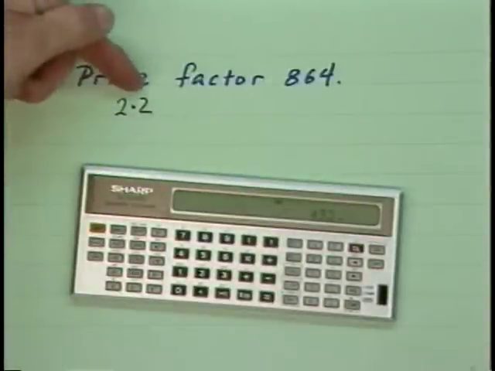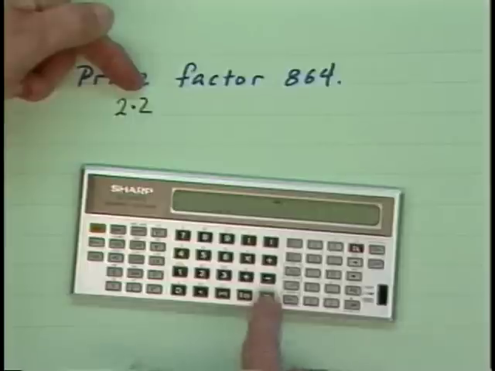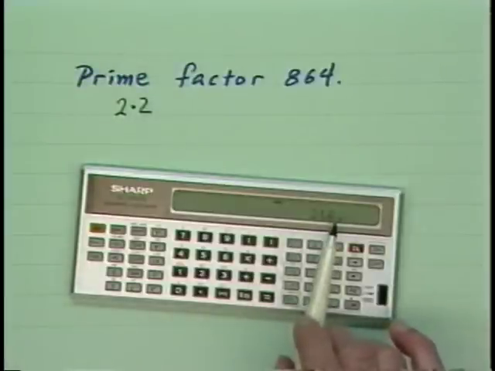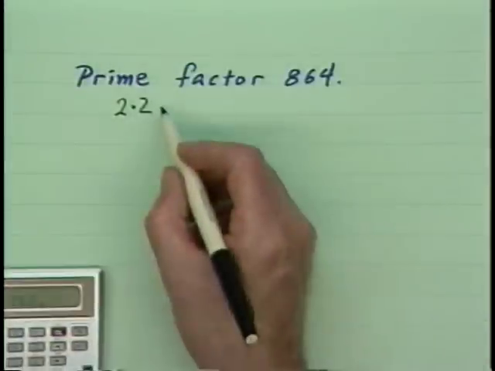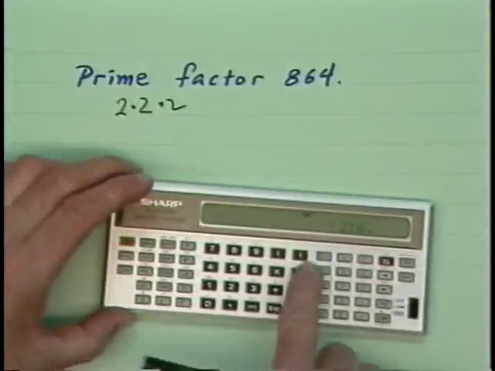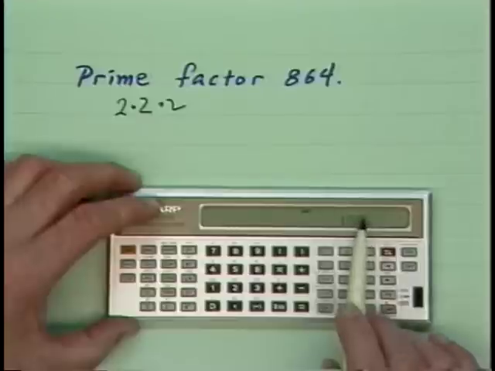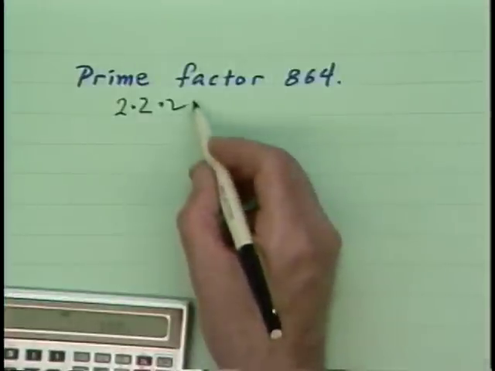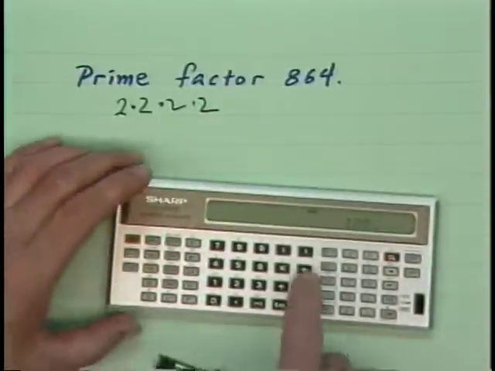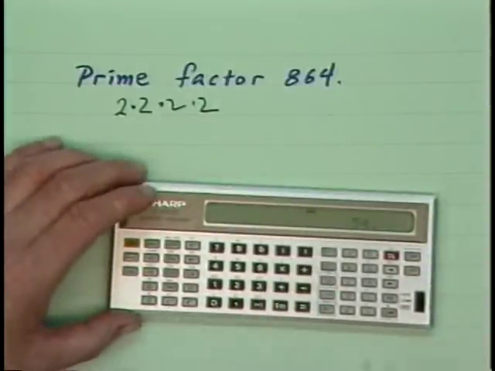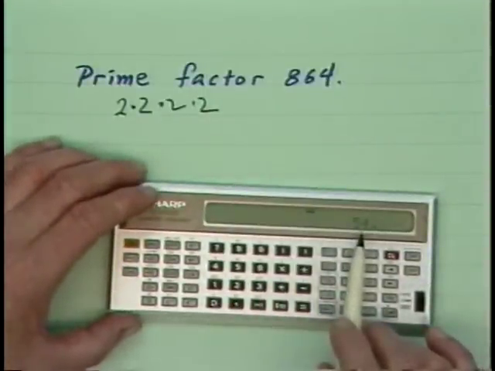So recording it, dividing by 2, this gets smaller. I can still see I can divide by another 2, so divide by that 2 is smaller yet and still divisible by 2. So by dividing by another 2, it's smaller and still divisible by 2.